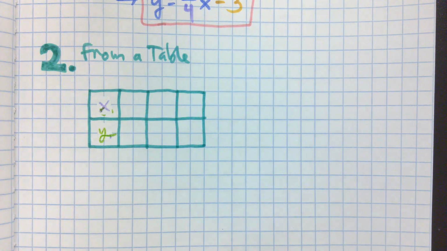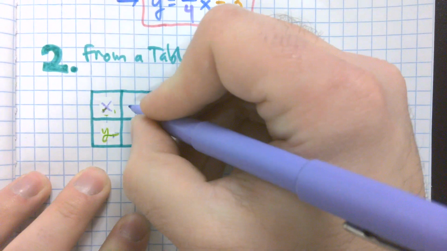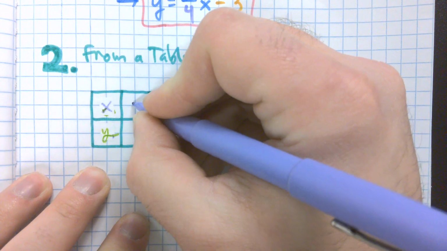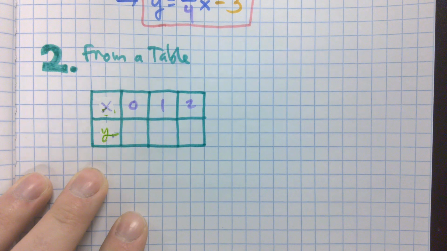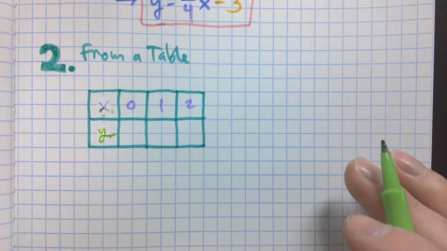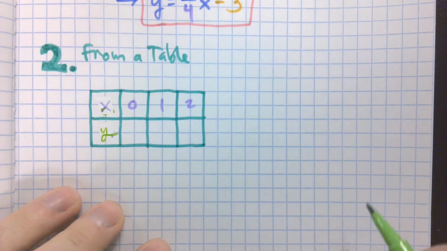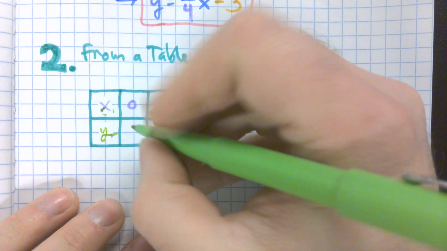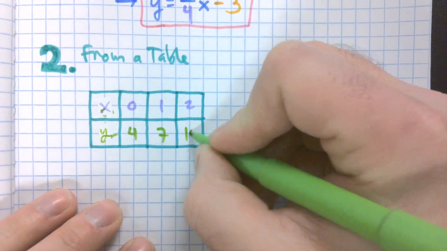Yeah, my bad. X on the top, Y on the bottom, like always. Let's say our X values here are 0, 1, 2. And let's say my Y values are, I don't know, 4, 7, and 10.